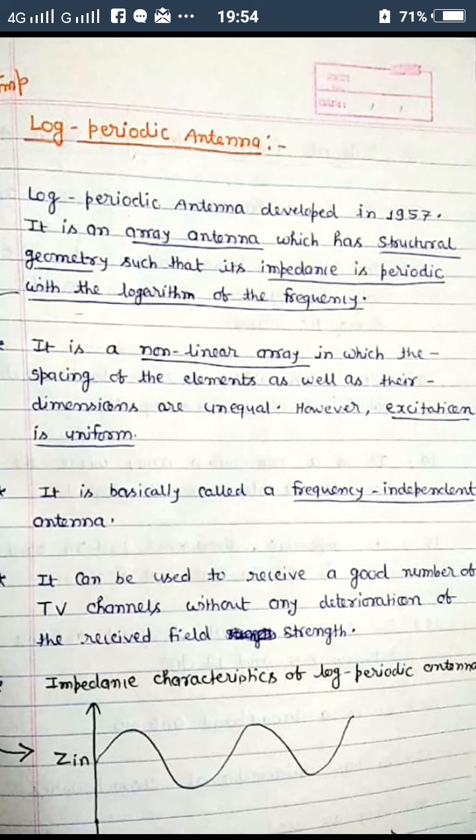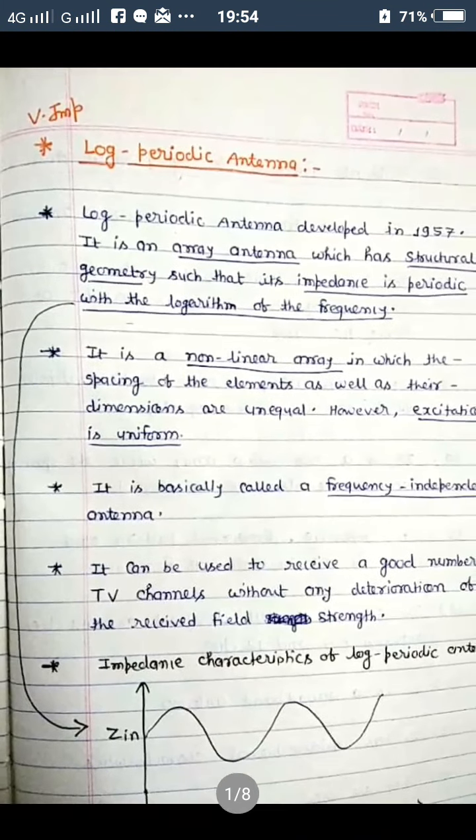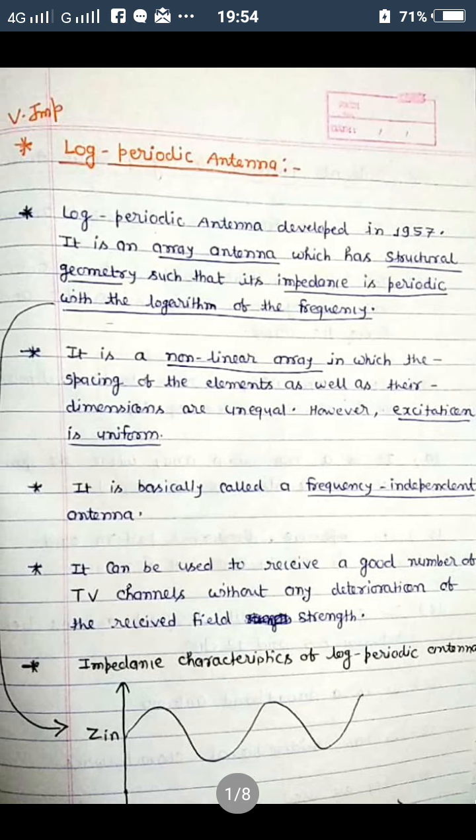However, the excitation is uniform. Due to the unequal spacing, this is known as a non-linear array. As we have discussed, the structural geometry is such that its impedance is periodic with the logarithm of the frequency.